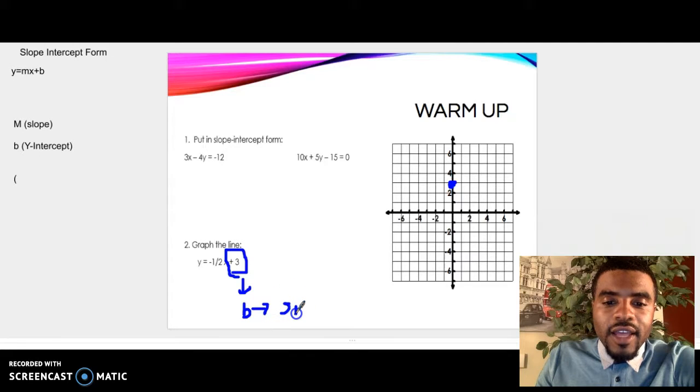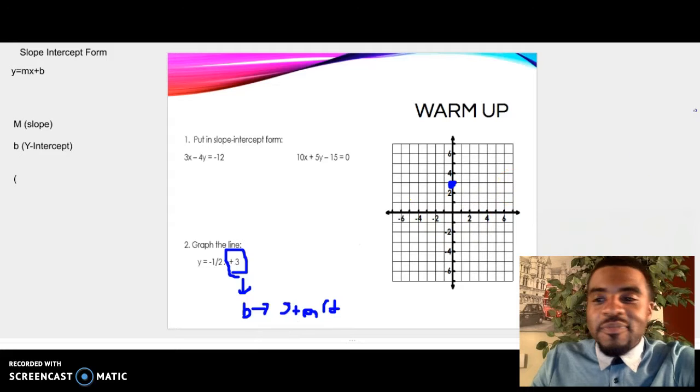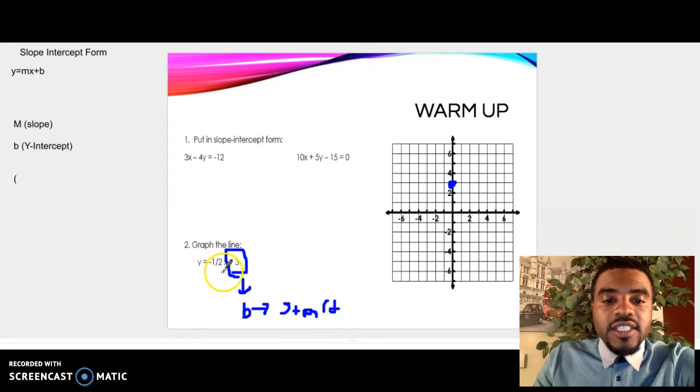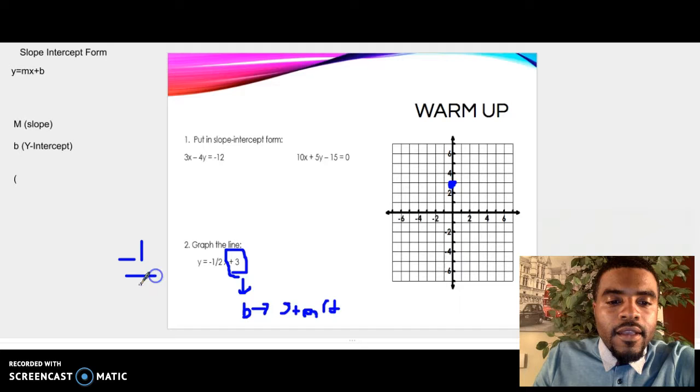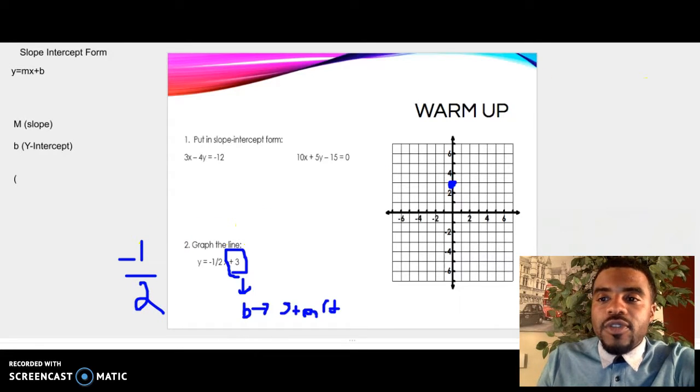So I'm going to plot our line, and I should type this in instead of trying to write it here, but bear with me. We start here, and then this tells us our direction. So we have -1/2, -1 over 2. This is a negative number, so it's telling us to go down.